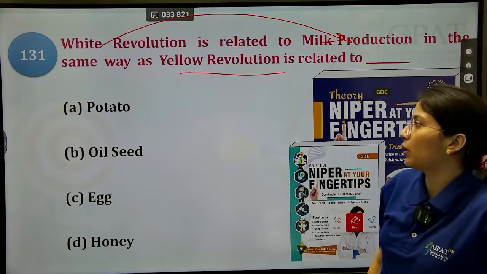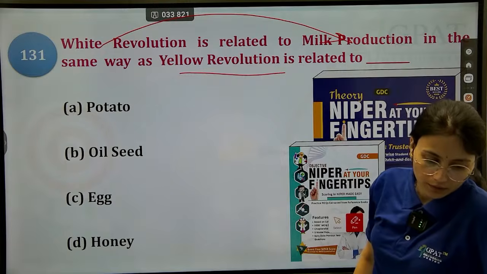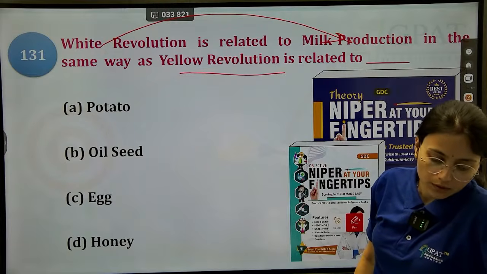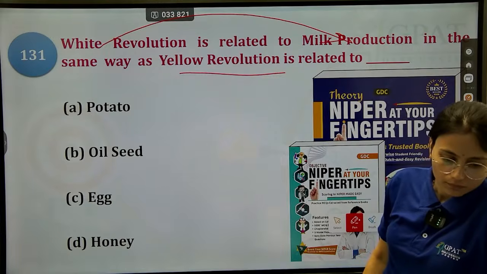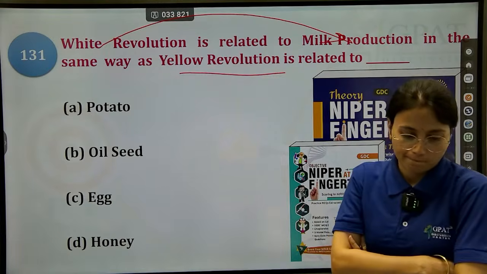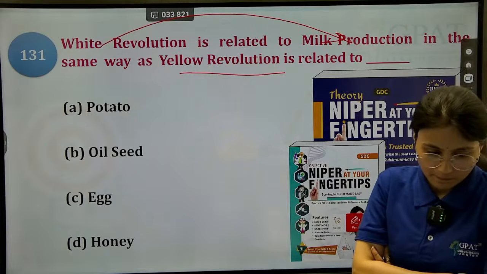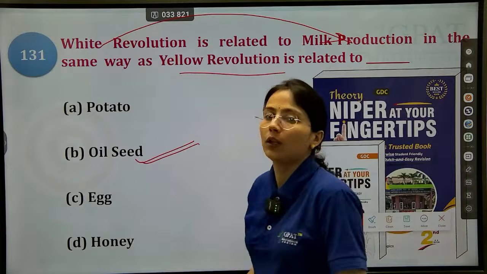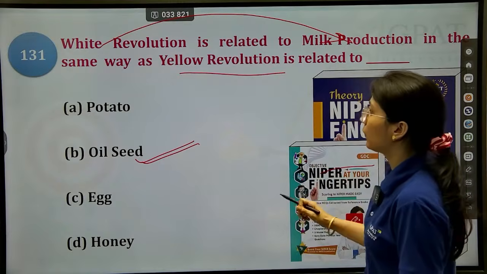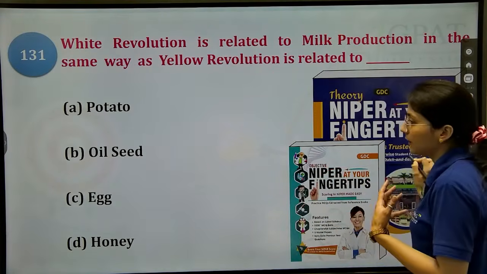Anyone? Yes, oil seed. Option B is correct. The color of oil is yellow, so you can learn the answer in that way. Oil seed.